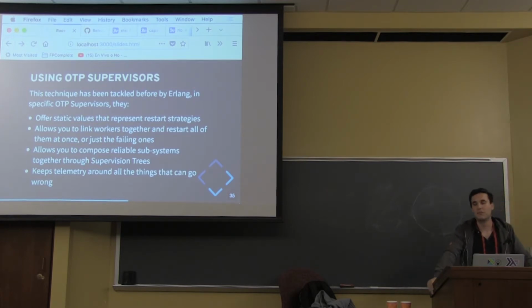So OTP supervisors end up having configuration, but at root, how are they different from a type class? I mean, in Haskell land, why wouldn't you just have your OTP supervisor strategies defined as classes?